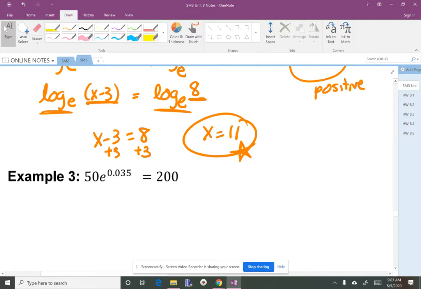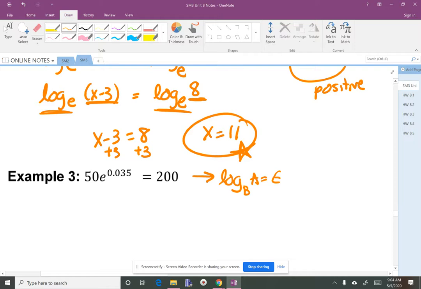Now this one doesn't look anything like the other two, but do you notice there's not a log? There's no log in there. So I'm going to try to get it into the form log base b of a equals e. I have to get rid of some extra stuff.